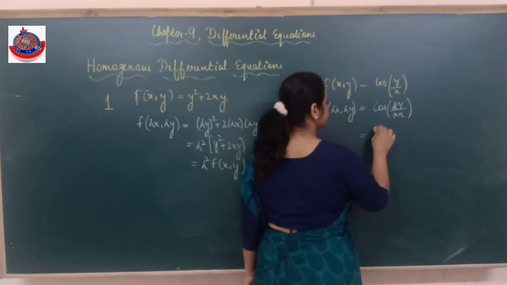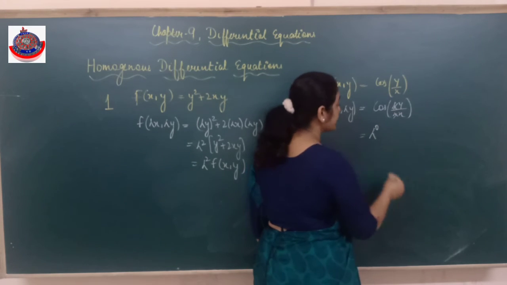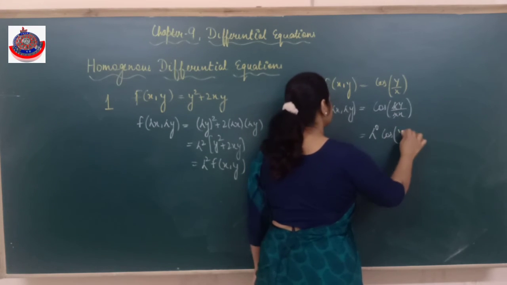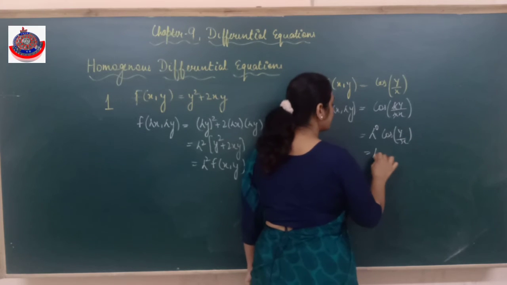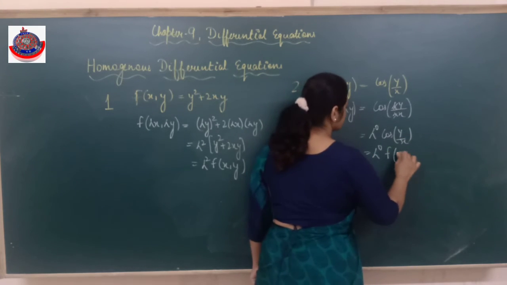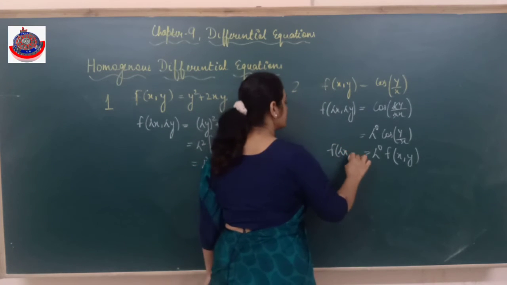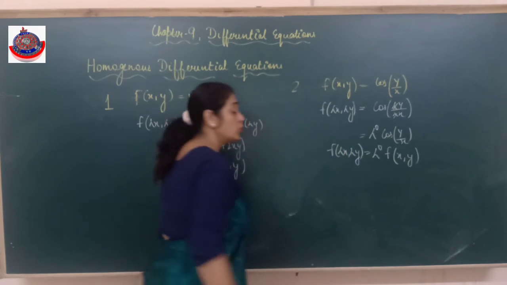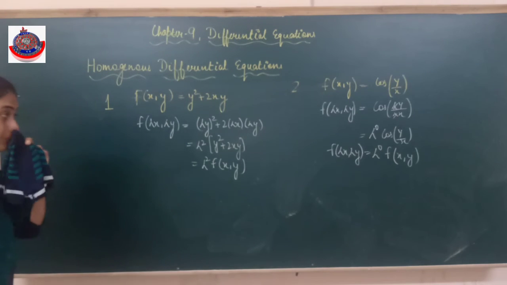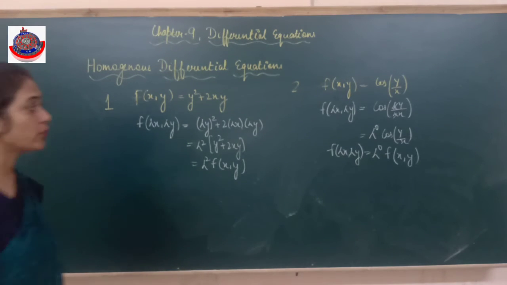Cancel. There is no lambda, so I am writing lambda raised to power 0. So I got the function back. So that's homogeneous. Is this clear? Alright, that's a homogeneous equation.